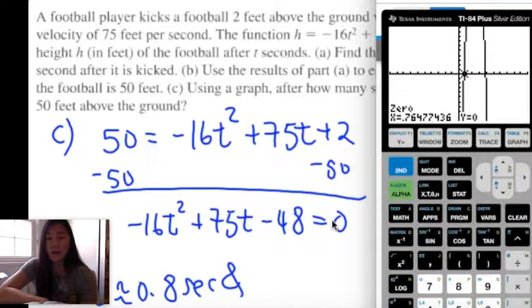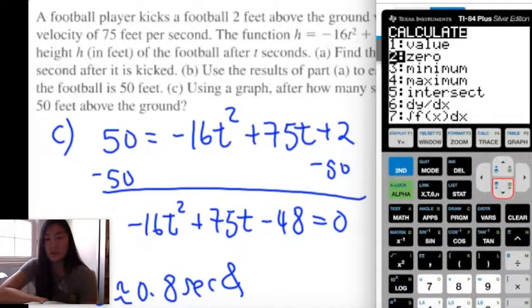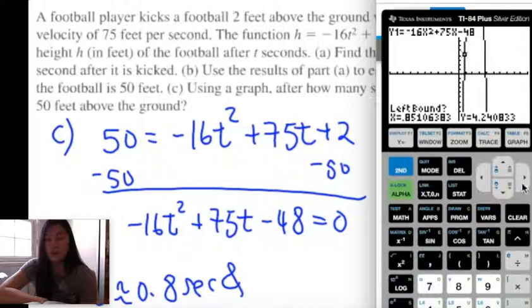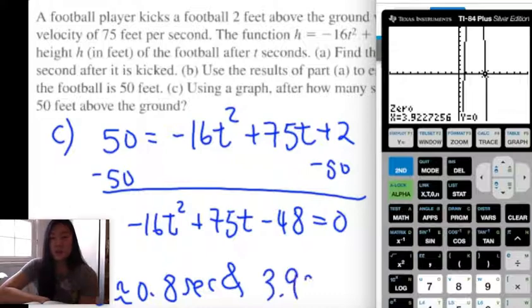Then we're going to do that again, second calc, 2. Go to your left bound, you have to move with the right arrow all the way around. Your left bound x value is smaller than the right bound x value. So enter, enter, enter. You get the zero of the function is about 3.9 seconds.